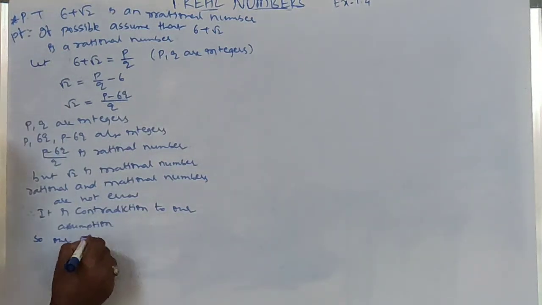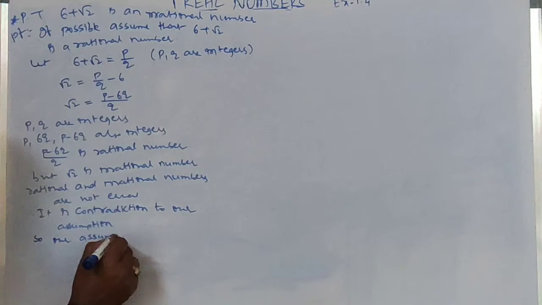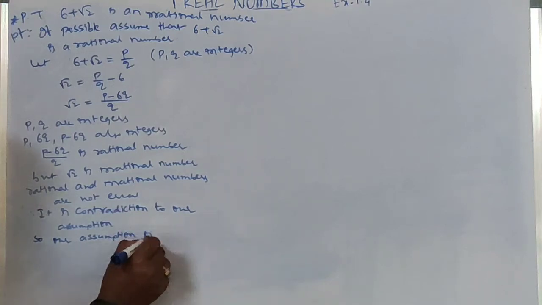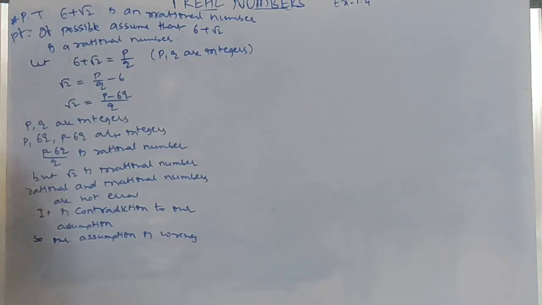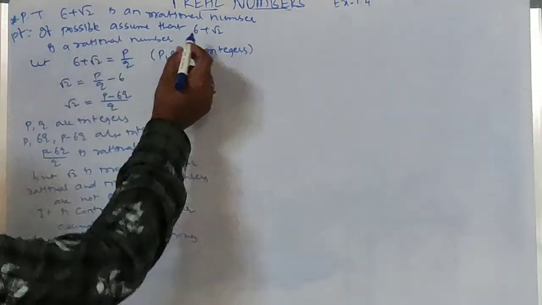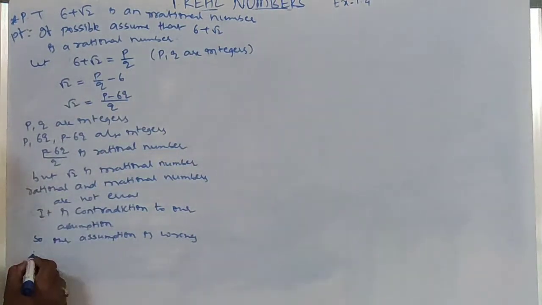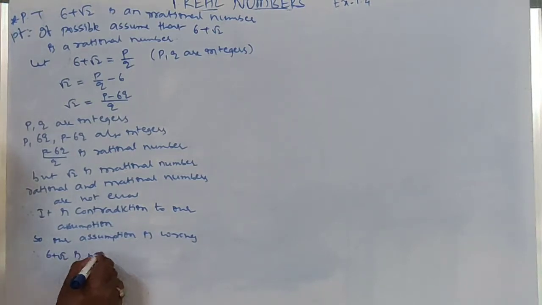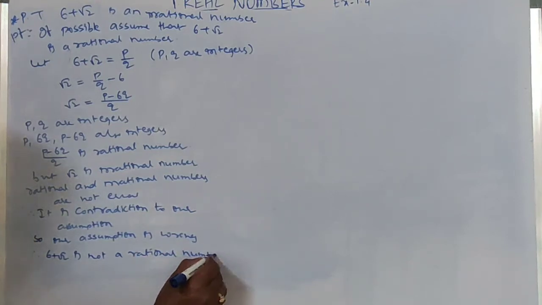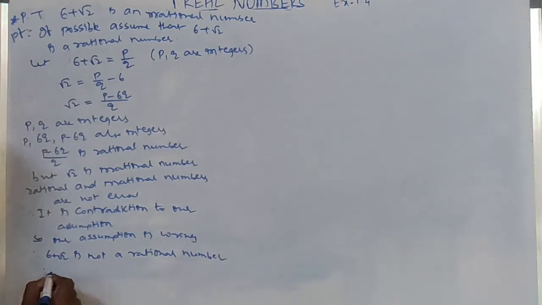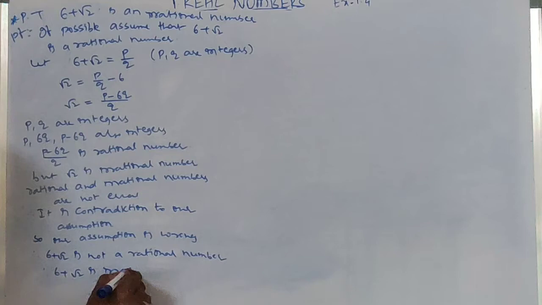Our assumption was that this is a rational number, and it is wrong. Therefore 6 plus root 2 is not a rational number. Therefore 6 plus root 2 is an irrational number.